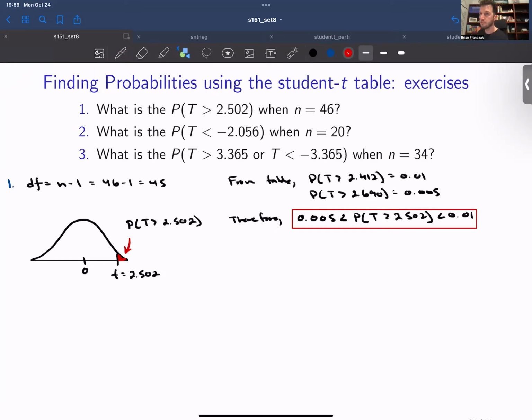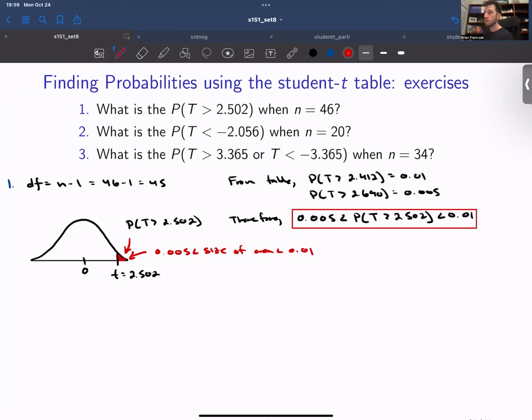And that would be an answer, or that is how we write a probability from the student t-table. And this is the same thing as saying that the size of this area here, so 0.005, is less than this size, which is less than 0.01.